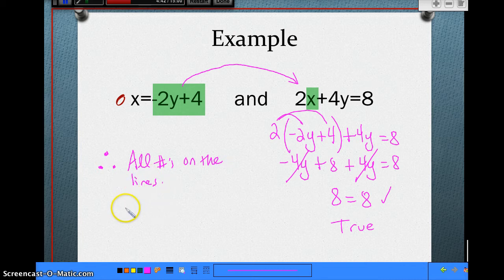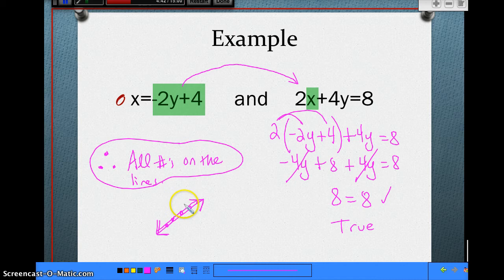For example, if I was to graph the first equation, I'm not going to, but it would end up being a line. And if I was to graph the second equation, it would end up being the same line, one right on top of the other, which means every point is on both. Every point, which is an infinite number of answers, satisfies both equations because they intersect at every point. This doesn't happen that often.